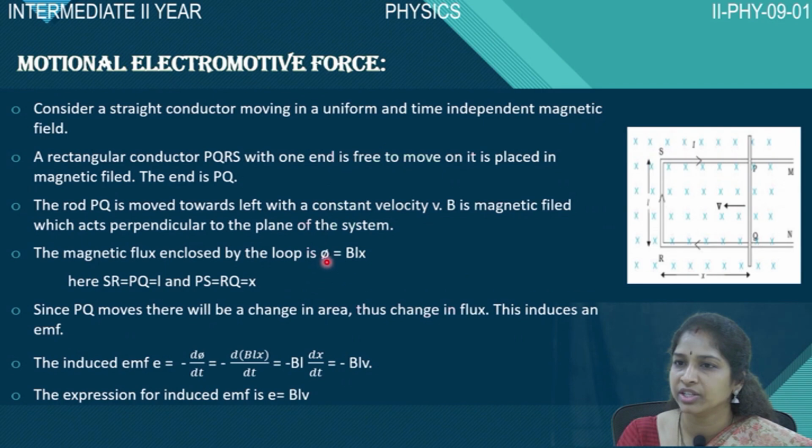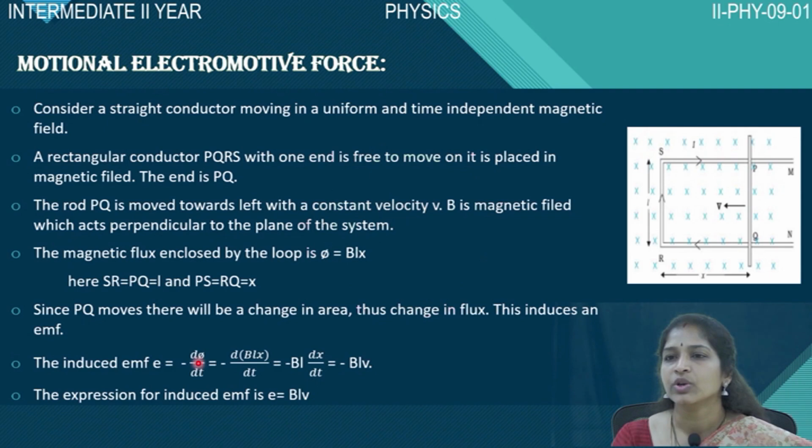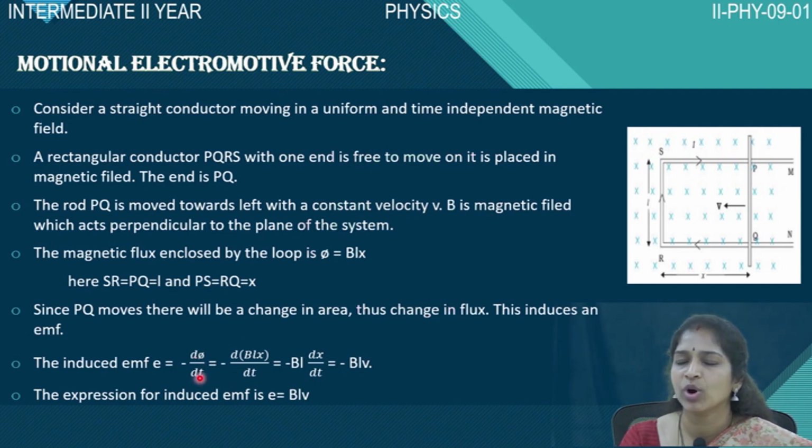Here flux is changing, so EMF is generated. What is phi here? BLX. You substitute that in this equation. So if I substitute, what will I get? E equals minus d by dt of BLX.